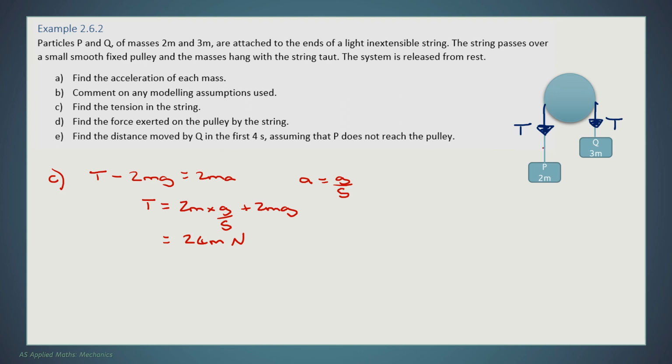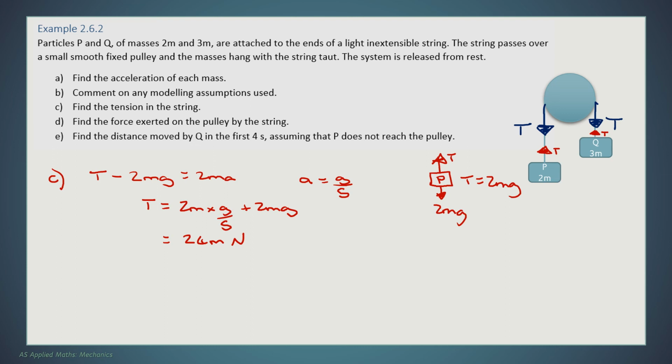Now when this system is sat at rest, if P is not moving anywhere, if we just focus on P, with no acceleration, what we end up with is T is equal to 2mg.